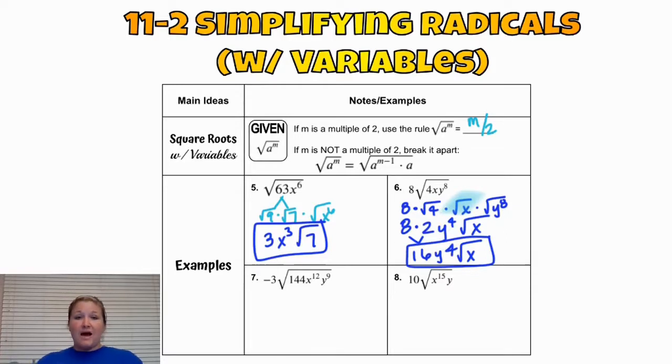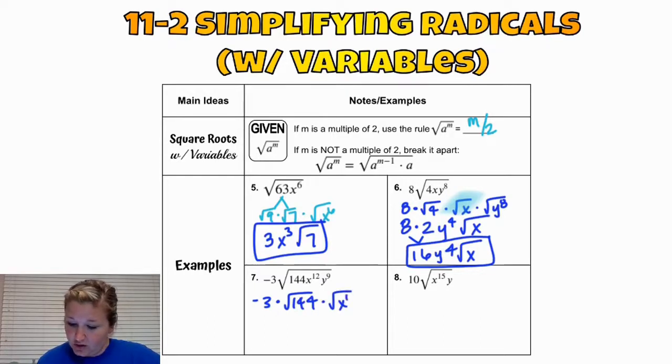All right, so now I have negative 3 times the square root of 144 times the square root of x to the 12th times the square root of y to the 9th. So I can go ahead and find my perfect squares. So negative 3 times 12, because the square root of 144 is 12.